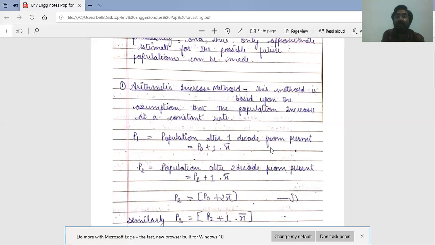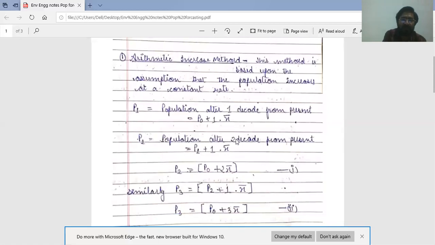Present means the last known census. P1 is equal to P0 plus 1 into X bar. P0 is the present population and 1 is the number of decades, so 1 is 1 decade and X bar is the average growth in 1 decade.